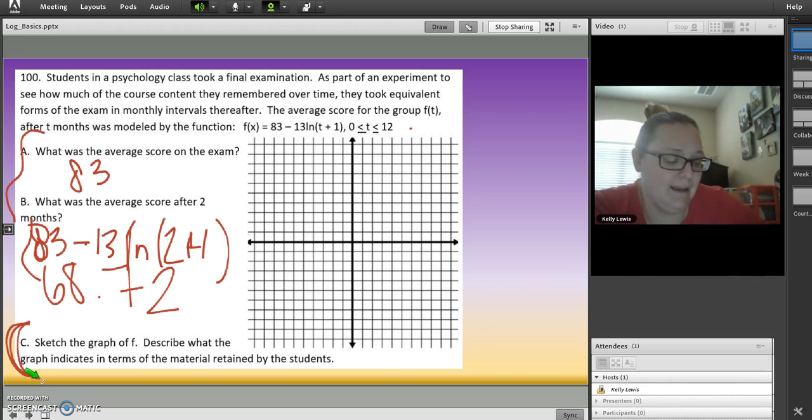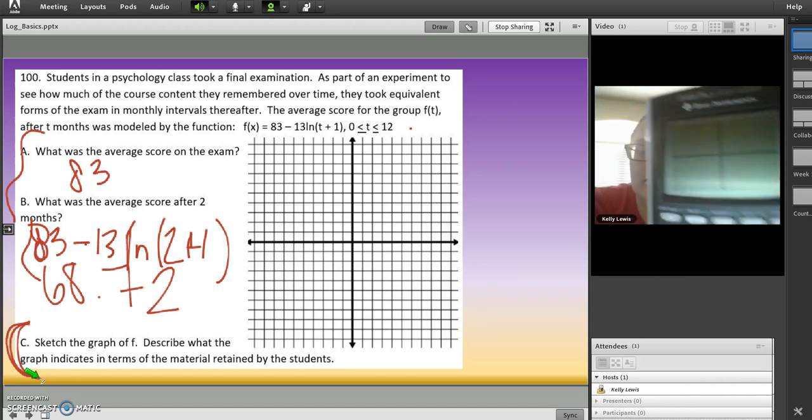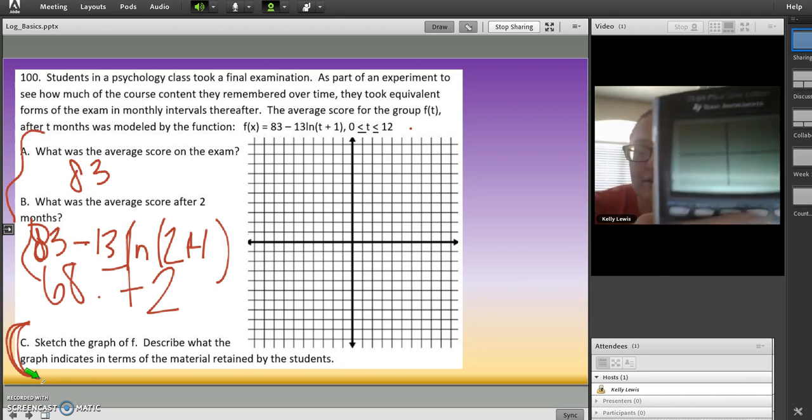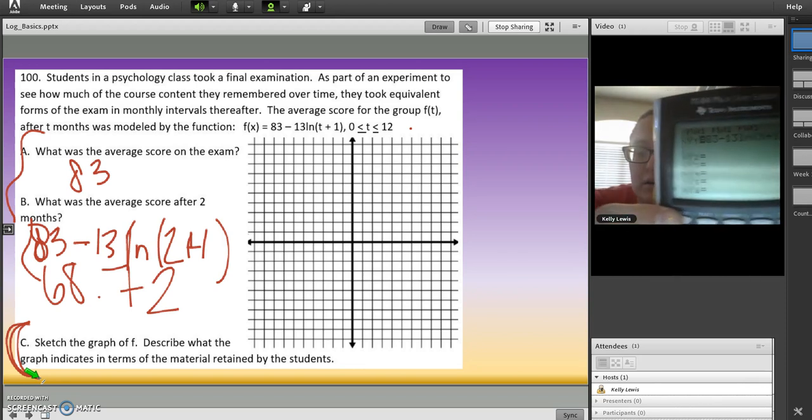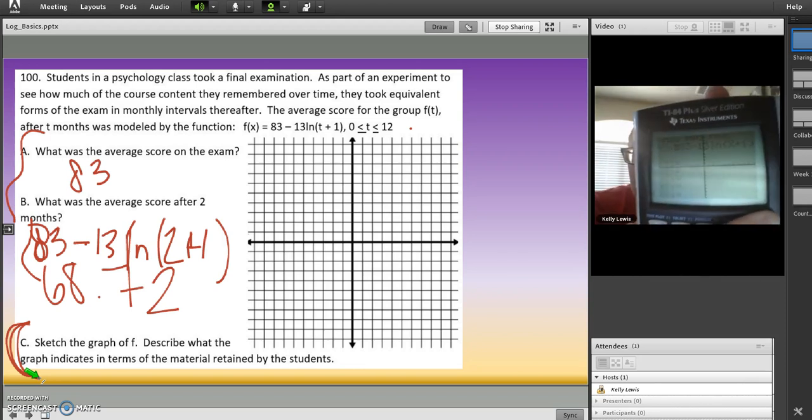All right, so I'm going to type 83 minus 13 ln of x plus 1. It's okay that it says t and we're using x. And when we push graph, we may not be able to see it, so make sure you push zoom. First let me show you what I typed in. Okay, so I just typed that guy in.